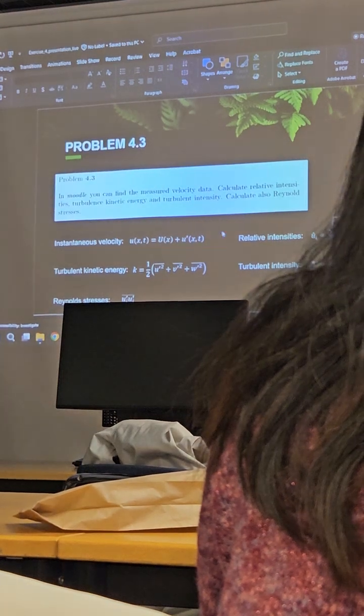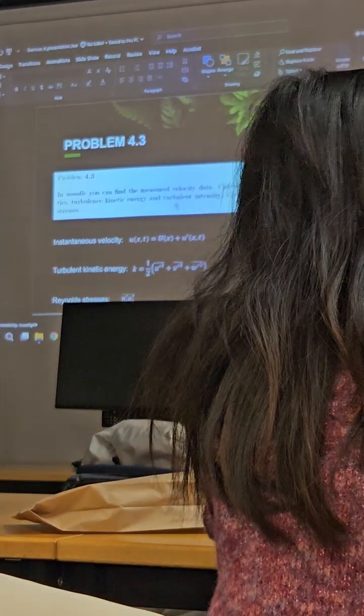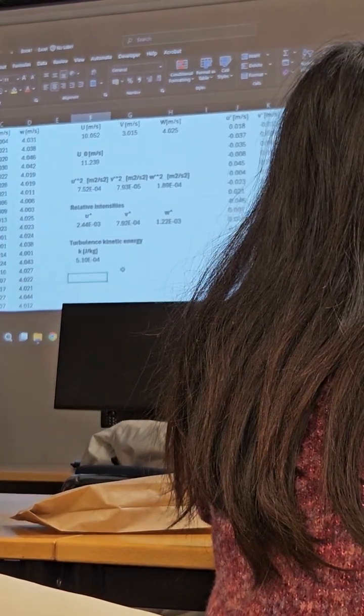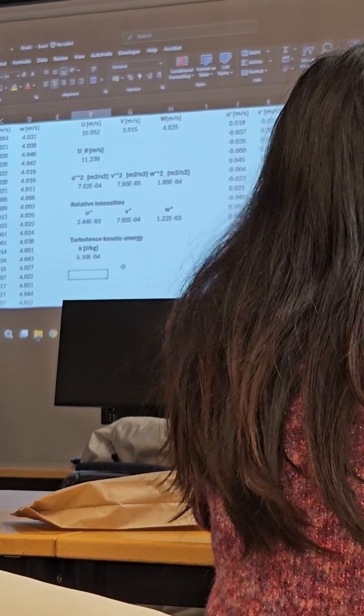Next quantity to calculate is turbulent intensity. So turbulent intensity is over there on the right. It's the square root of 2/3 times turbulent kinetic energy over U0 to the power of 2. It's a quantity to measure the value of turbulent kinetic energy over the free stream velocity.